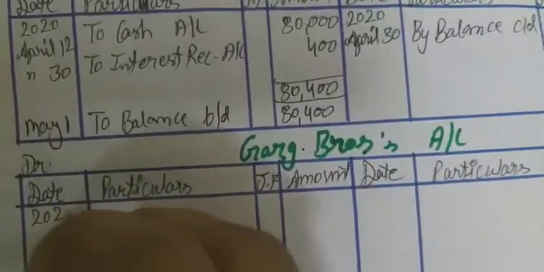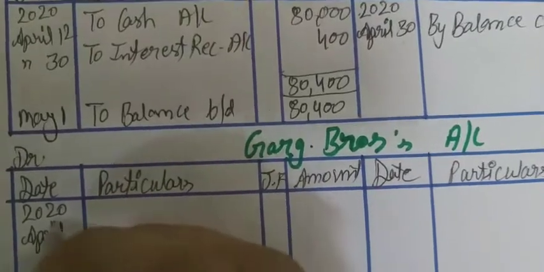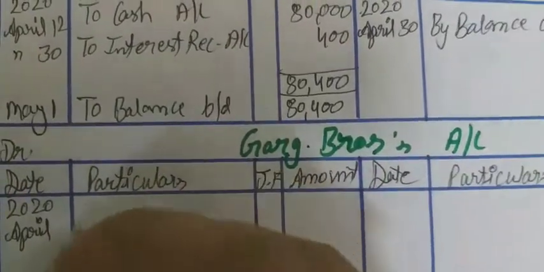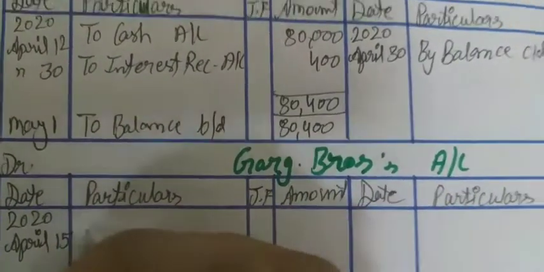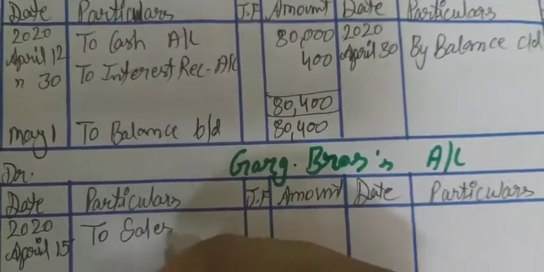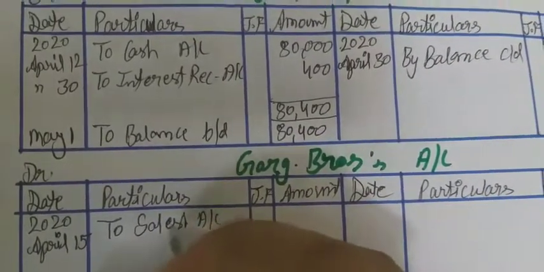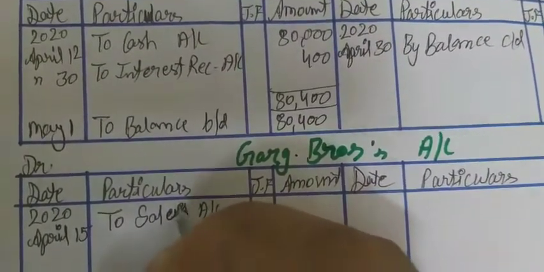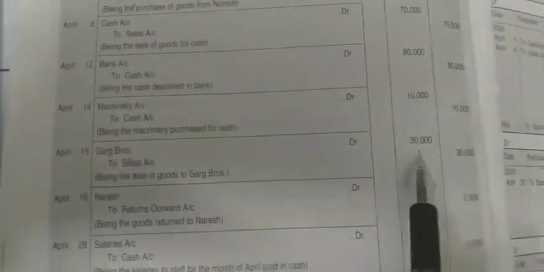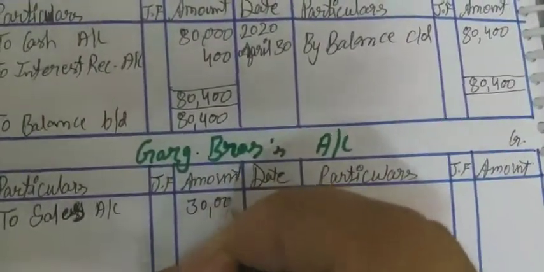So 2020, April 15, to sales account, amount is 30,000 on the debit side.